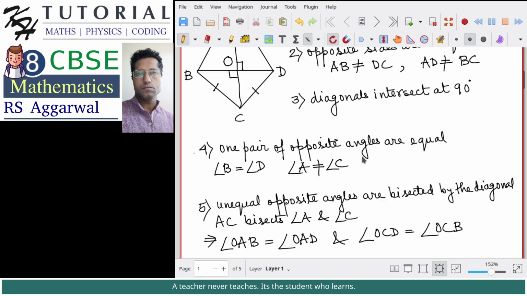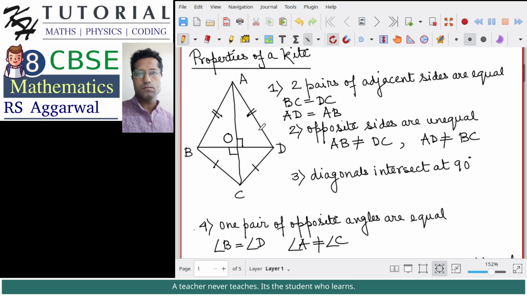So angle A is bisected by the diagonal AC, so this angle equals this angle, and also the diagonal AC is bisecting angle C, so this angle will be equal to this angle.